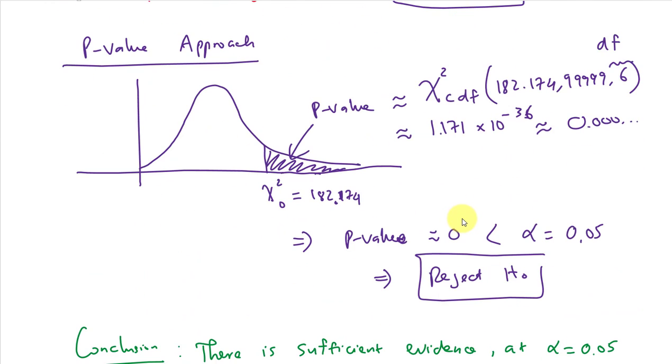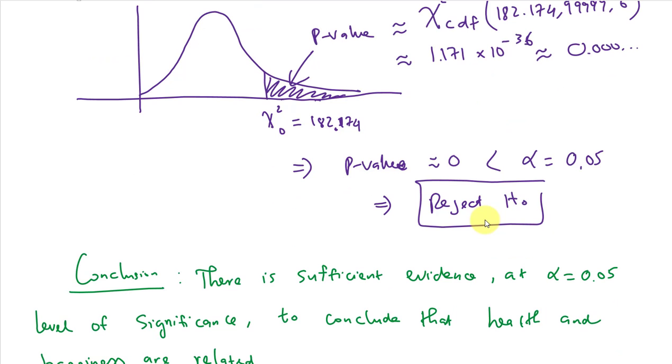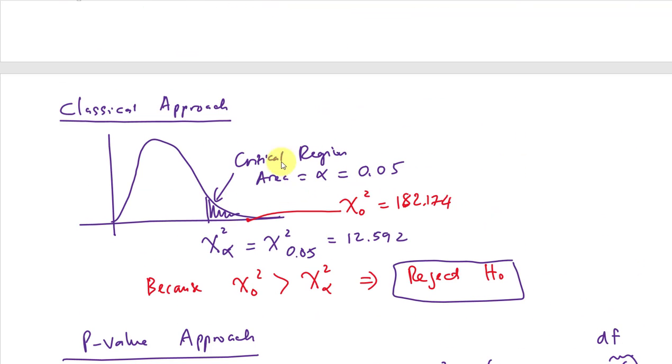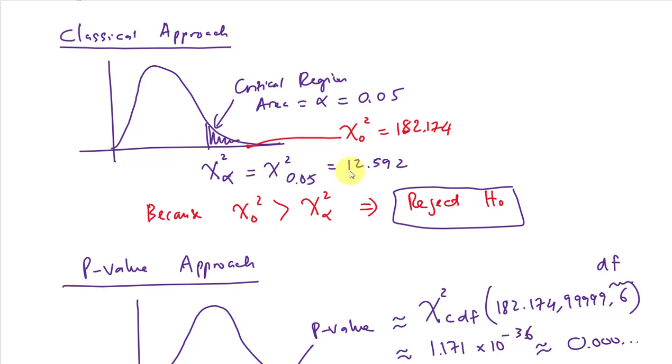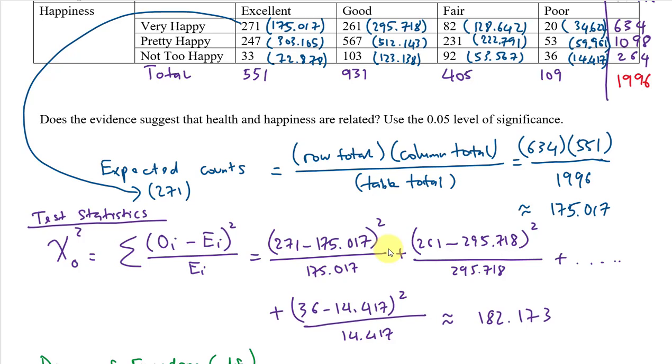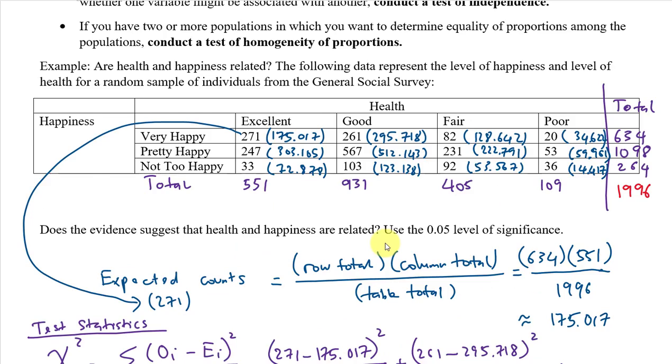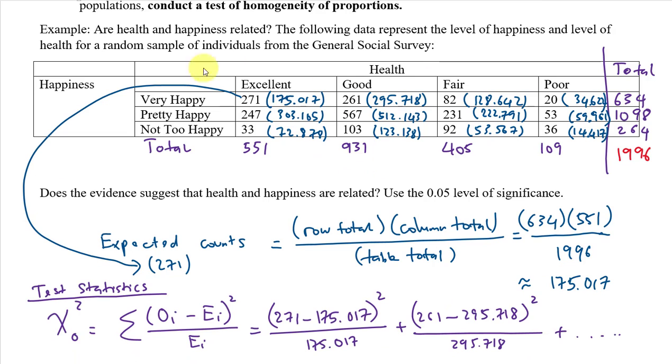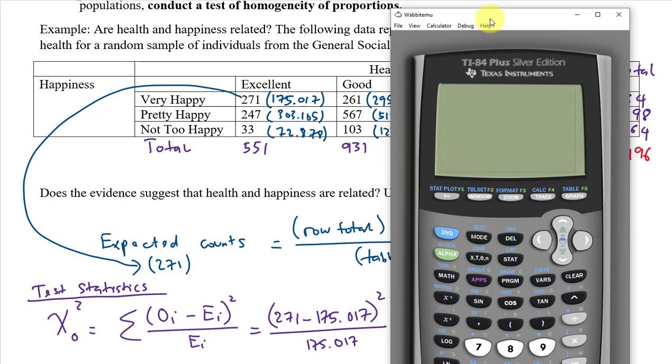So it is also a good idea to check with a graphing calculator like the TI-84 to make sure that for this type of calculation we do end up with the same numbers at the end. So let's use the TI-84 calculator to carry out this test of independence for this table from the beginning.